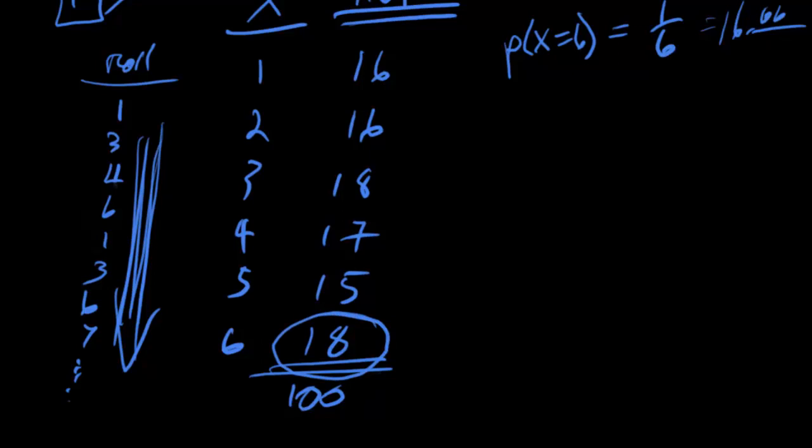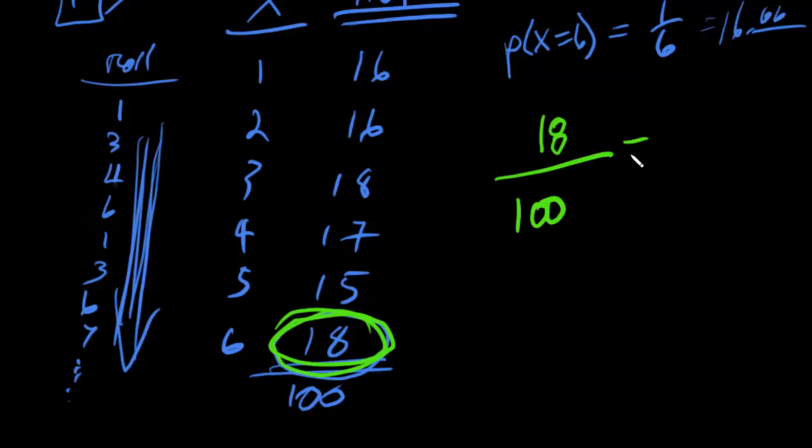Let me change colors here. This is the actual number that occurred. So now I'm saying, hey, look, I don't know what the classic probability is, but I know that I rolled this die 100 times and I got 18 out of 100 rolls. And so now I have the exact same thing and I end up with 0.18.